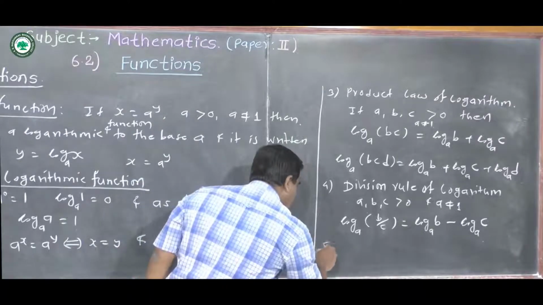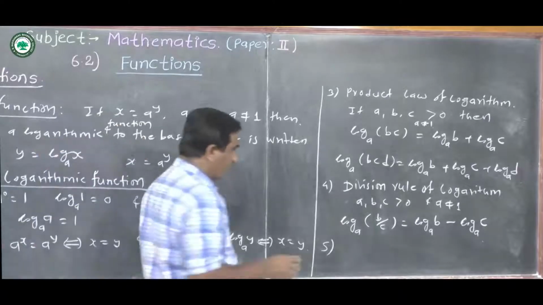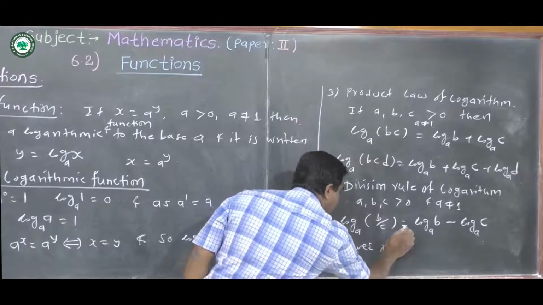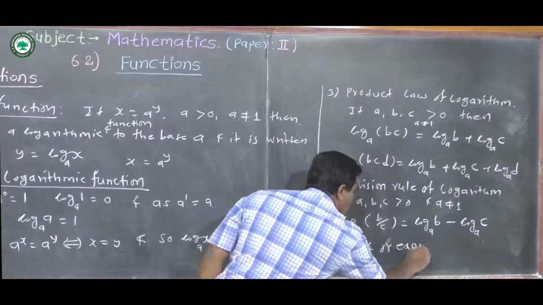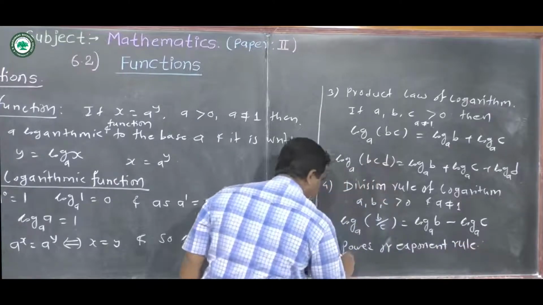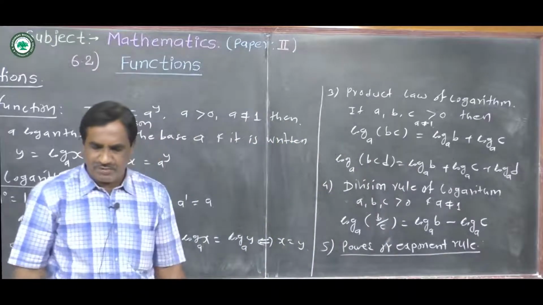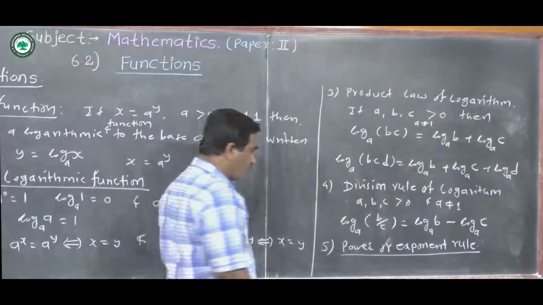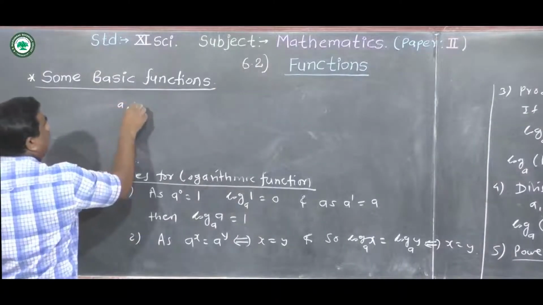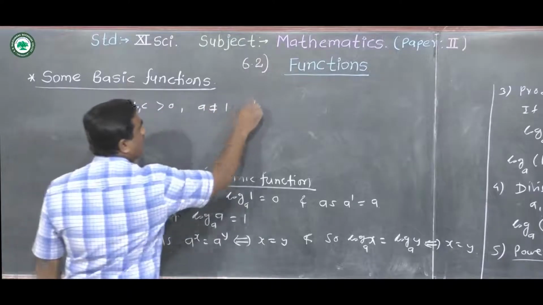Now the 5th rule is the power or exponent rule. Here also we consider any three numbers a, b, c greater than 0 where a is not equal to 1.